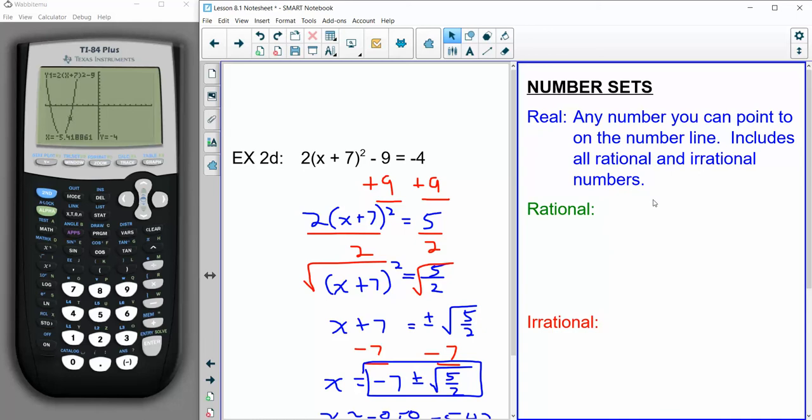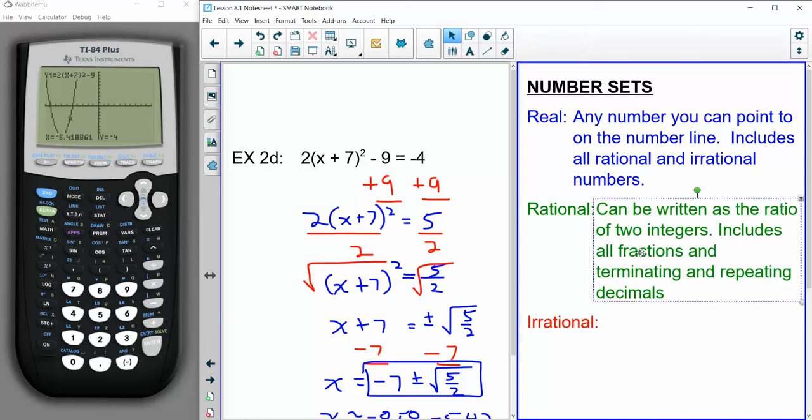So basically, if you can see it and point at it on a number line, it's a real number. A rational number can be written as the ratio of two integers, also known as a fraction. So it includes all fractions and terminating and repeating decimals. If I can write it as a ratio of two integers, two whole numbers, then it is rational.